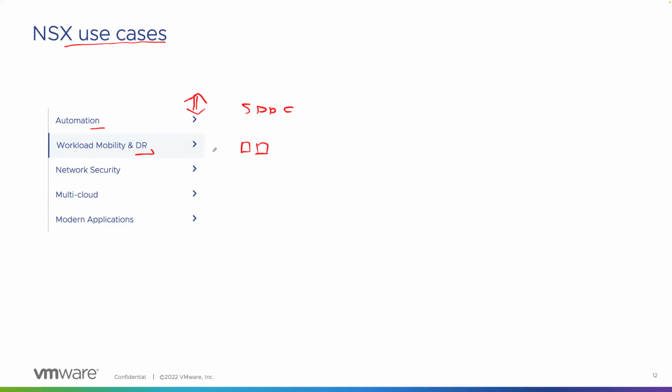NSX can provide workload mobility between the primary data center and a secondary data center, and also provides DR features and functions. Here we have Federation, which we will get into a little later, in a later chapter.